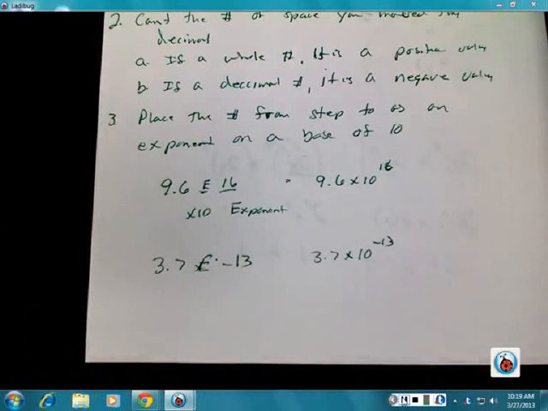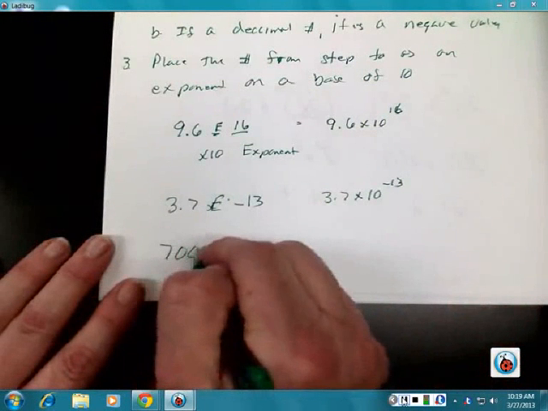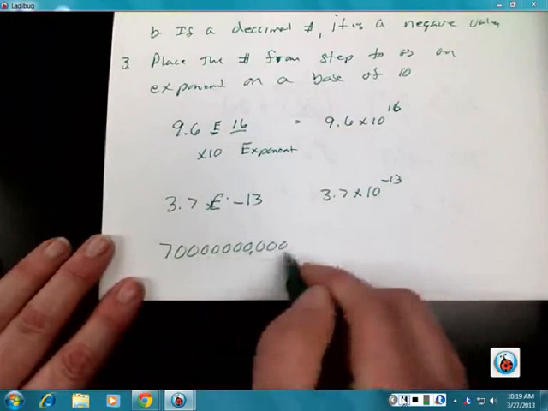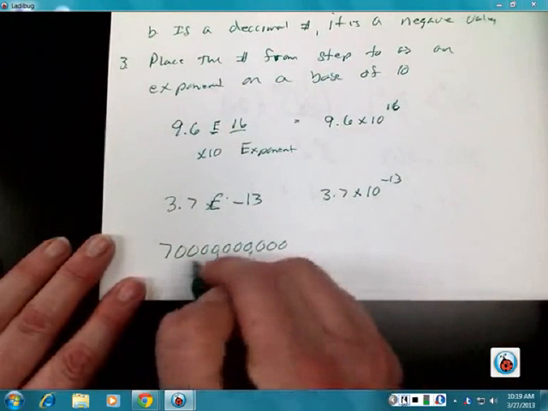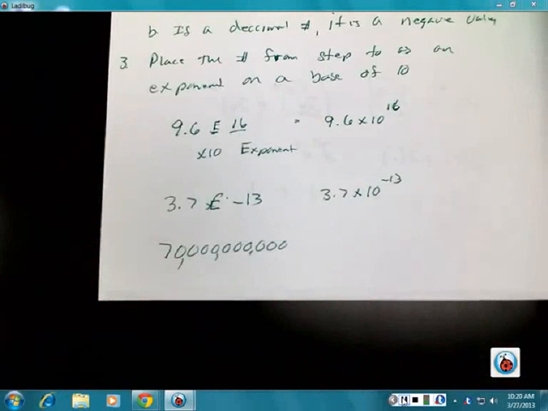Now, what if we had 7 followed by ten zeros, and I'll put my commas in here to help you count. I said I'd write you a check with that amount of money, but your check has to be written in scientific notation.